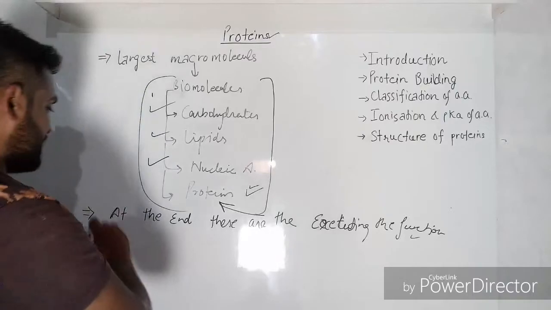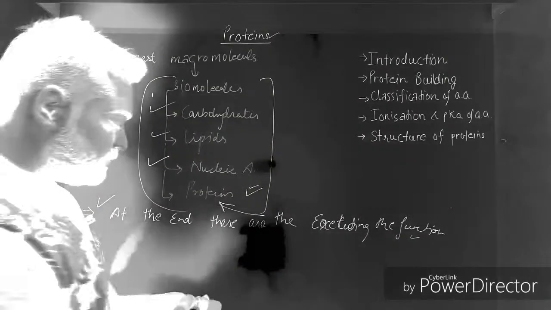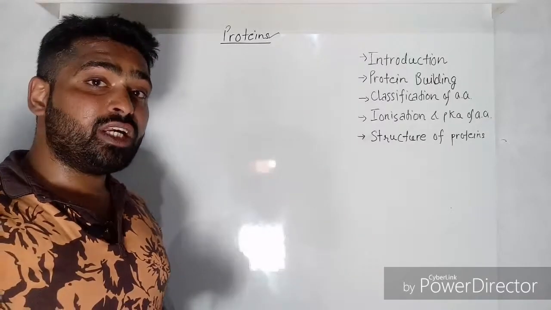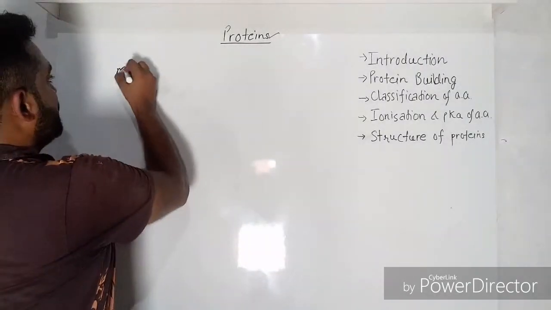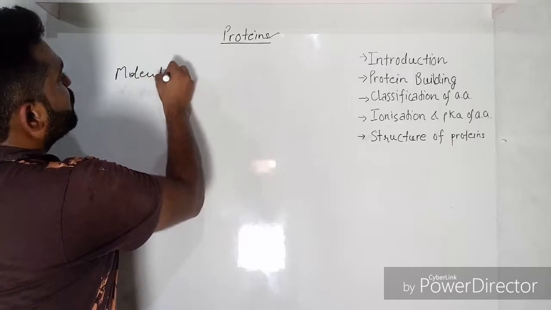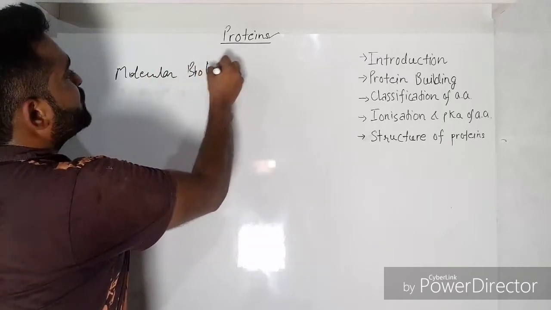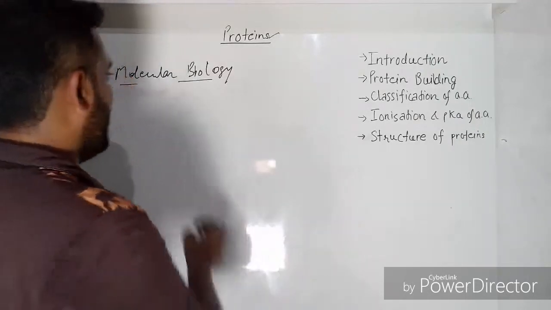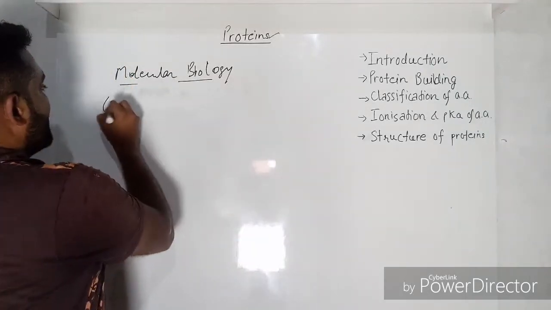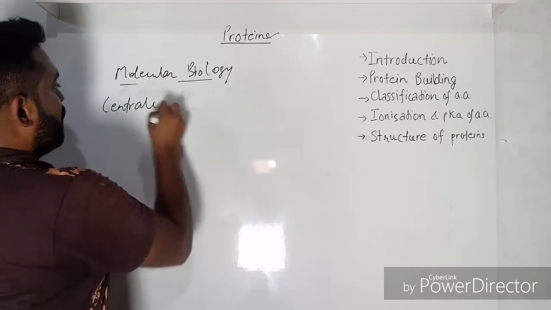We want to justify this statement. To understand it, we relate the concept of proteins to molecular biology. We know what molecular biology is, in which we study replication, transcription, and translation. And this is called the central dogma of biology.